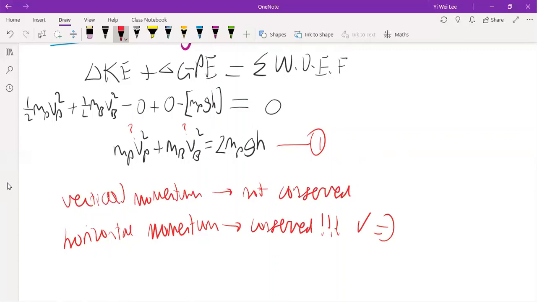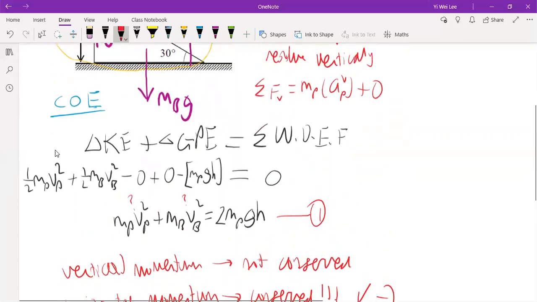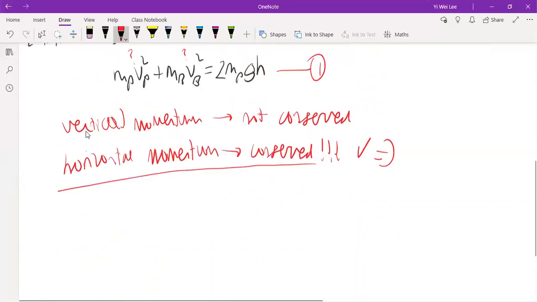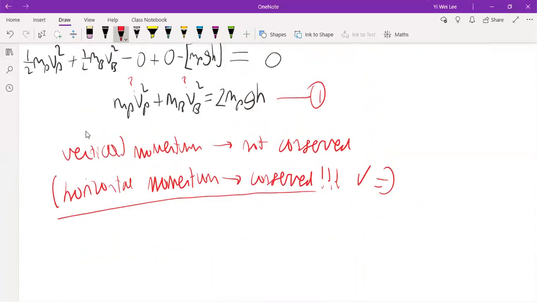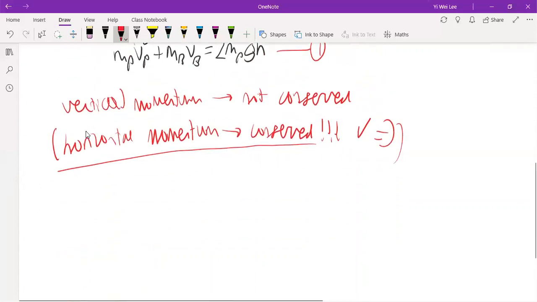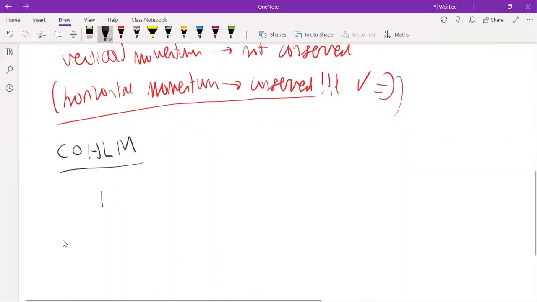Yeah, we're happy because we can use this horizontal momentum understanding to solve the equation. So to solve for the horizontal momentum equation, here's what I'm going to do first. How do I establish this horizontal momentum equation? The conservation of horizontal linear momentum equation is final minus initial.